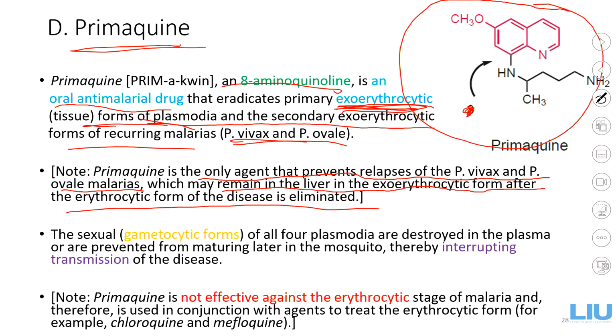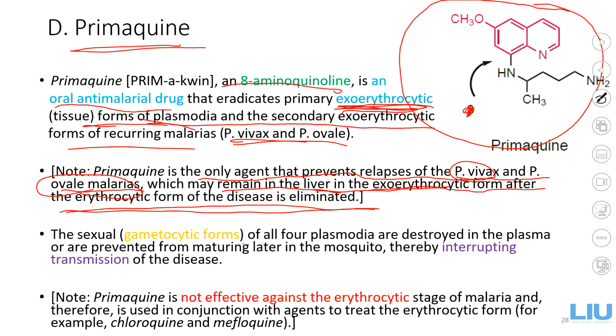Because it acts on the liver, it acts on P. vivax and P. ovale, and those forms remain longer in the liver. Okay, but we're not going to memorize the spectrum of activity for the drugs anyway. But it's good to link why this one is acting on other forms: because they remain longer in the liver. Okay. All right.